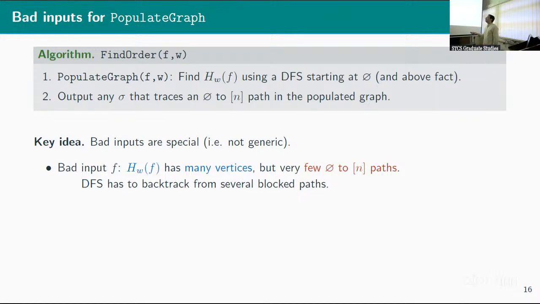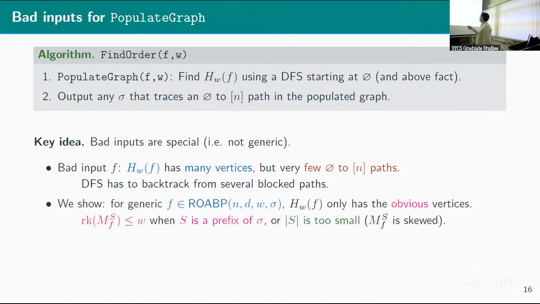In fact, what we are going to show is that on a generic input, this graph H_w(f) only has the obvious vertices. What are the obvious vertices? Because you generated f using this order sigma, there will be vertices corresponding to the path given by sigma.